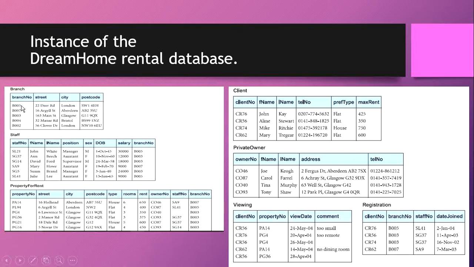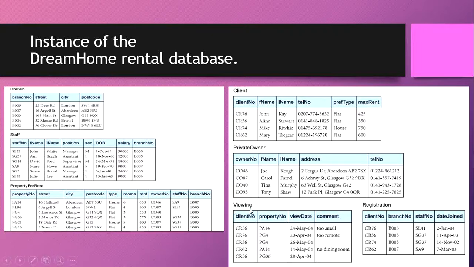So two different branches belong to London, and this field cannot uniquely identify the record. Next we have postcode. Postcode is also uniquely identifying each record. So we have two candidate keys for the branch table: branch number and postcode. Both uniquely identify each record of the branch table.